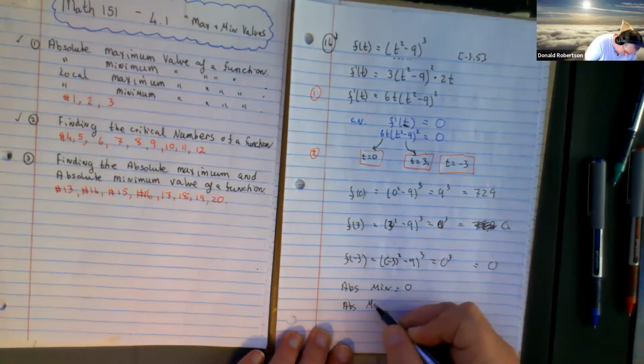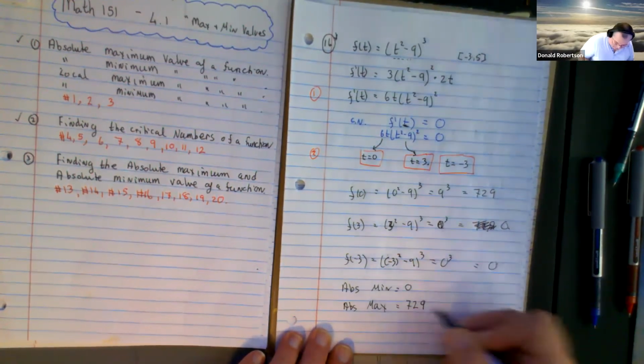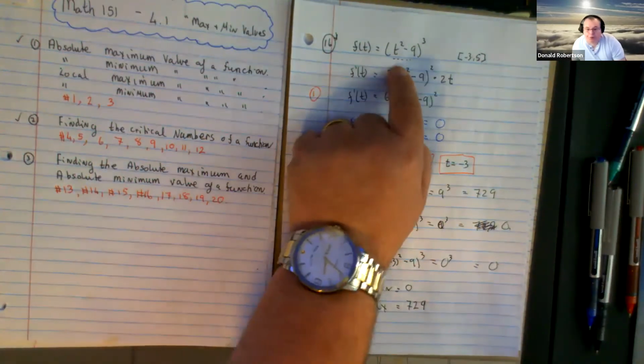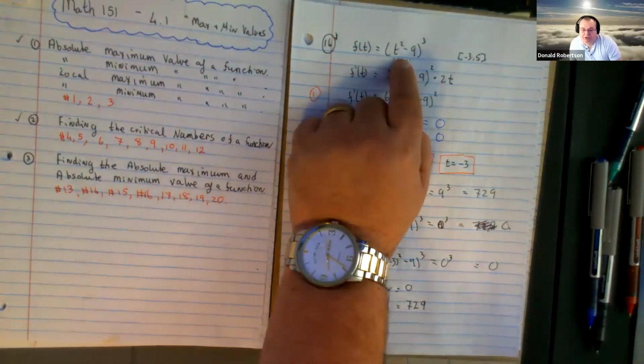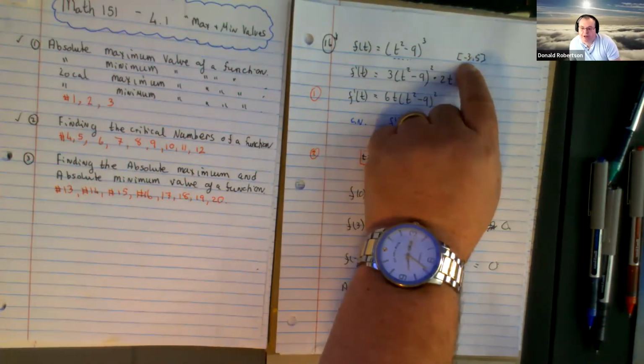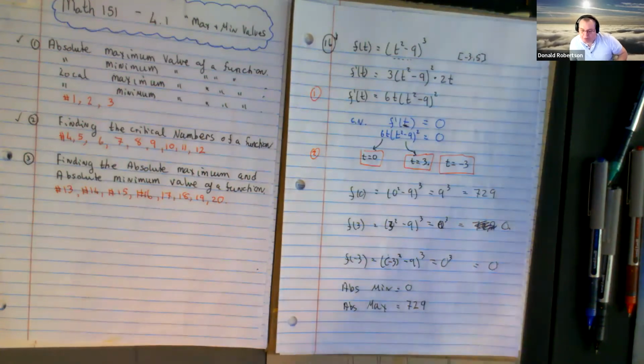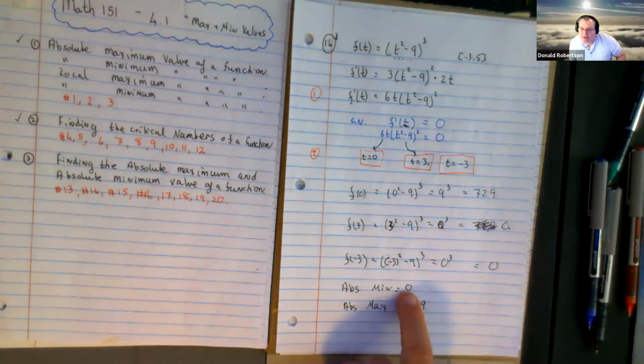And the absolute maximum value of this function is 729. So if you put that function into Desmos and said only use values of t from -3 to 5, the highest value, the maximum it would ever get to, would be a height of 729, and the smallest it would get to is 0.